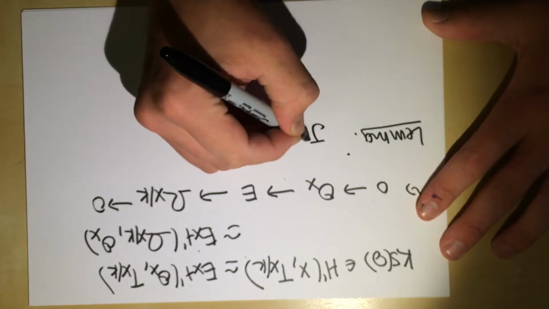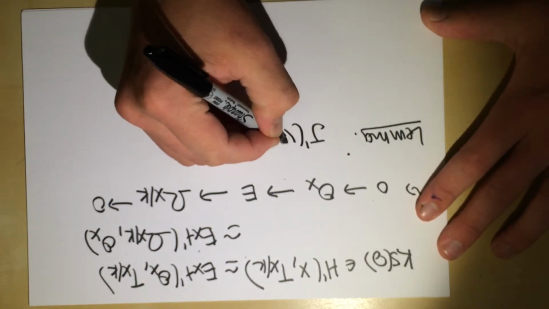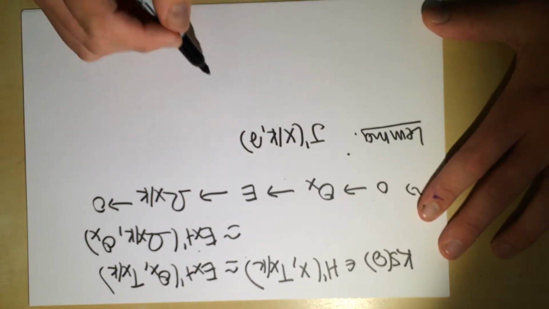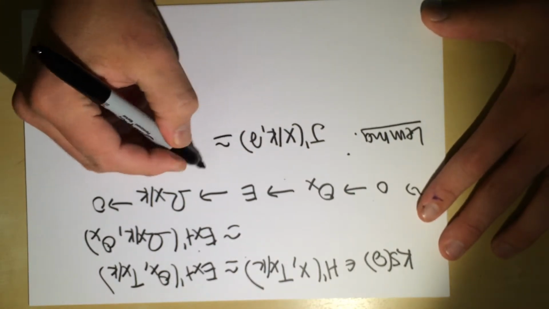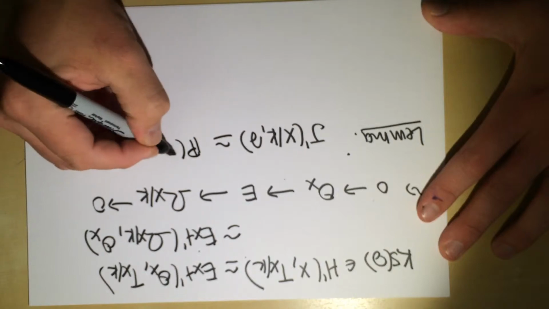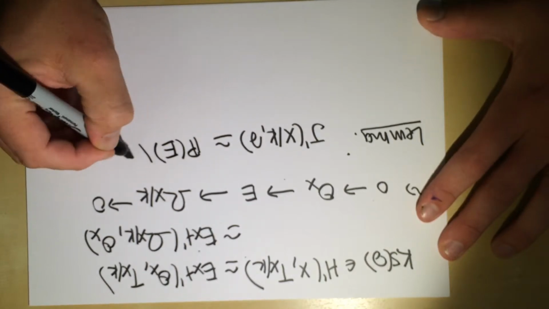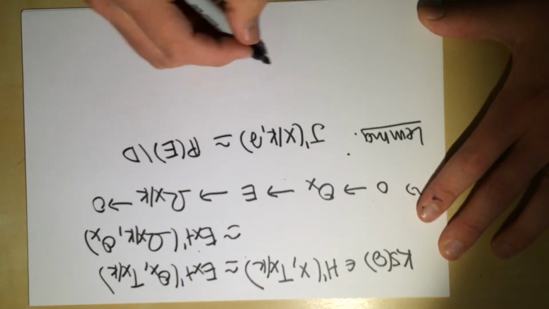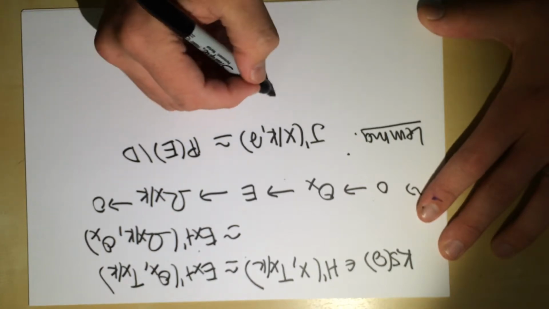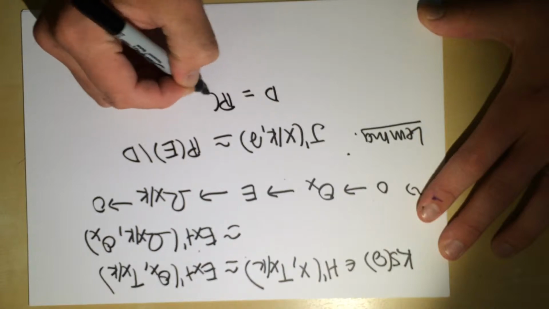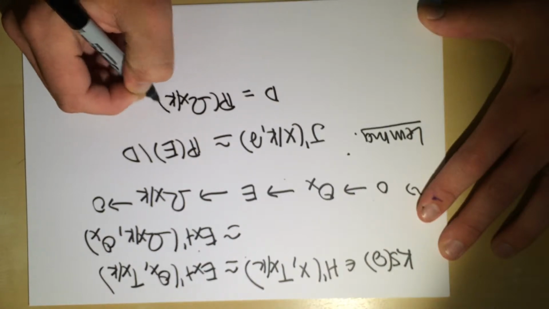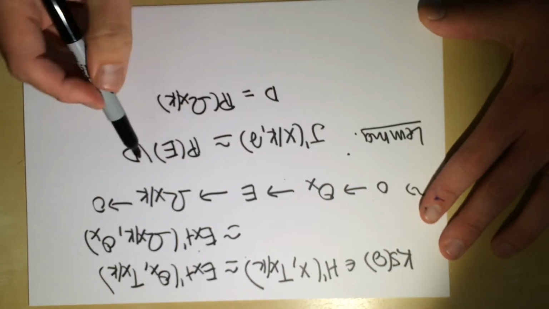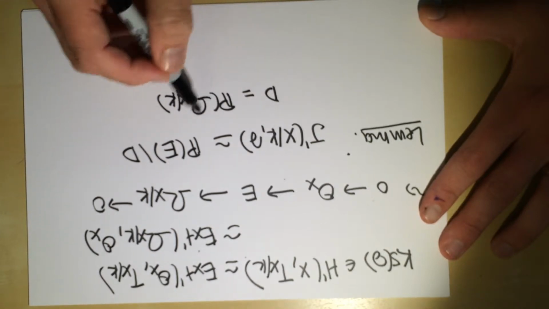So the first jet space, okay, here. So this is the twisted jet space where we're considering this derivation on the base. It is isomorphic to the projective bundle of E with a divisor removed. And this divisor is actually going to be equal to this projective bundle of omega X over K. Okay, so this surjection here is actually going to induce a closed immersion of this into this.